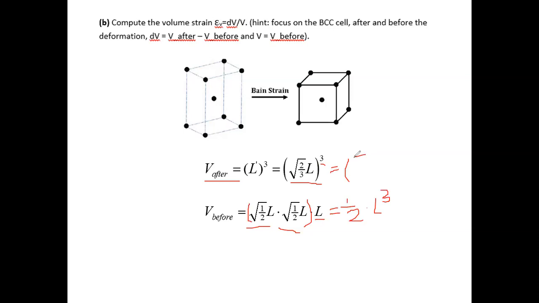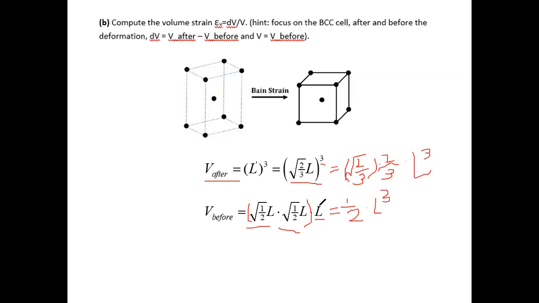And this one is going to have the square root of 2/3 times 2/3 times L cubed. So clearly these two numbers are quite different. So you have a change of volume.